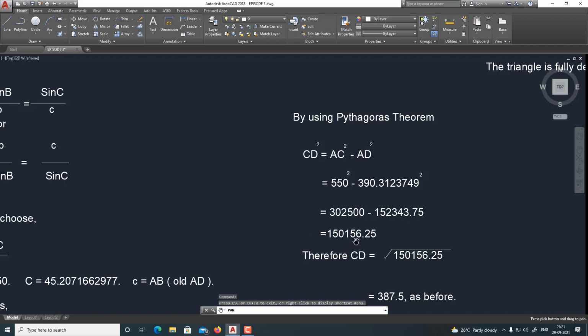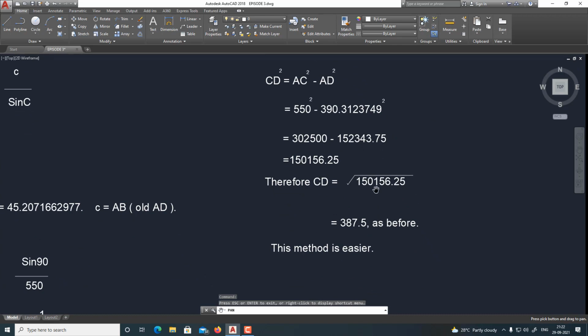So by simplifying this we will get this figure. Therefore CD is equal to square root of this figure. This is AD squared, that is old CD. Therefore CD is equal to square root of 150,156.25.